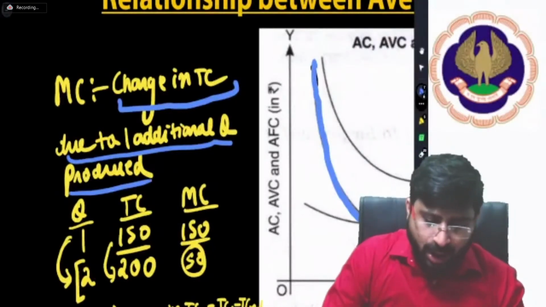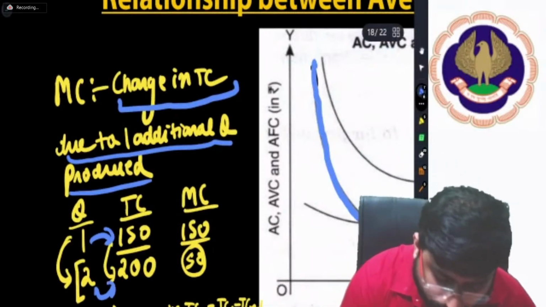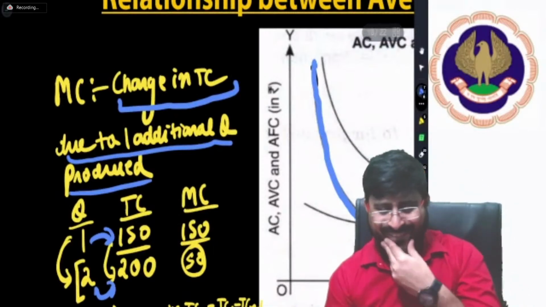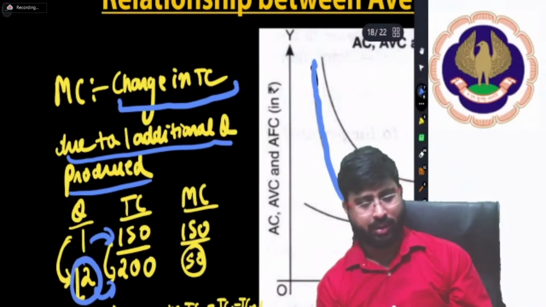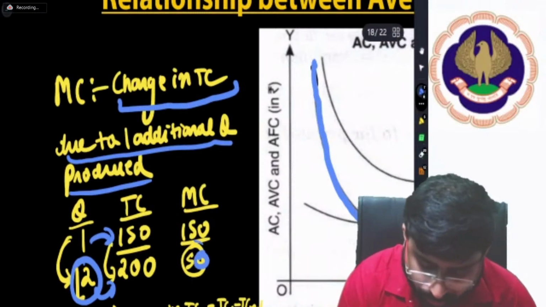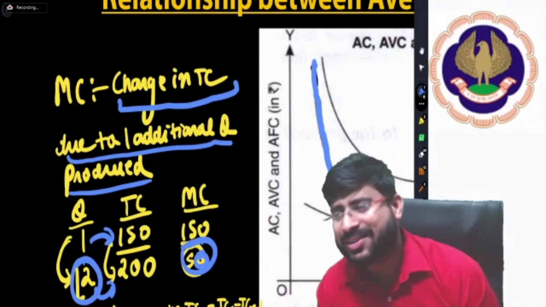For example, if for 1 unit your total cost is 150 and for 2 units it is 200, then by how much has your cost changed because of the second unit? Sir, by 50 rupees. So 50 rupees is the marginal cost.